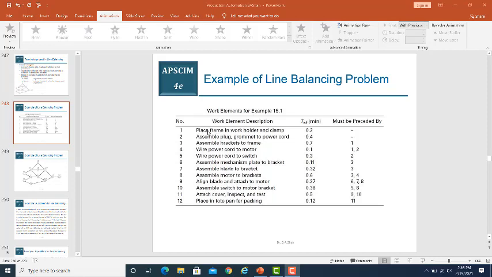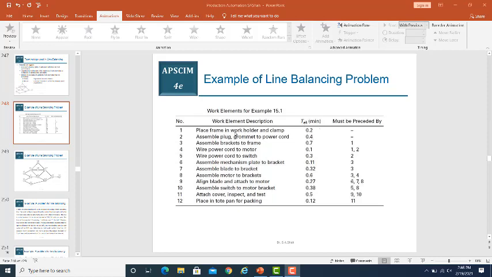The operation descriptions are available, that is, what operation is happening, and then the TEK values are also given.